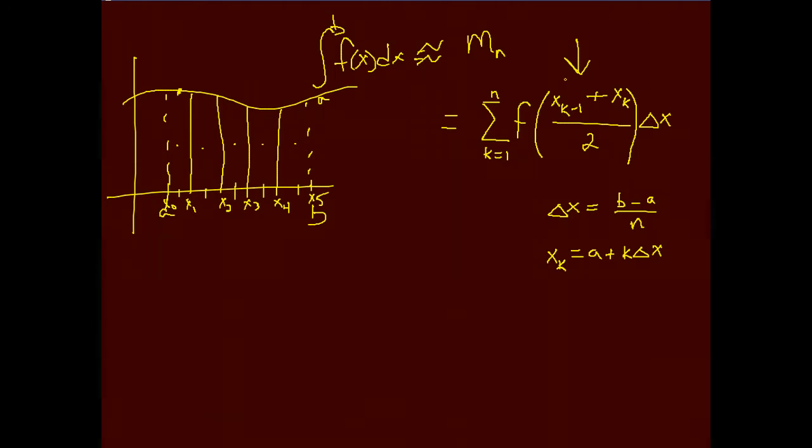Okay, so let's use a function that we know the end result of to test this out. We can at least find the integral of, let's say, x squared dx, and let's go from 2 to 4. Now, let's go ahead and find the exact value using our normal techniques.